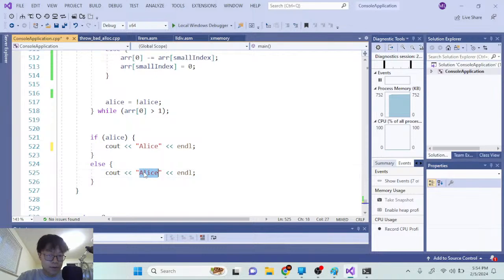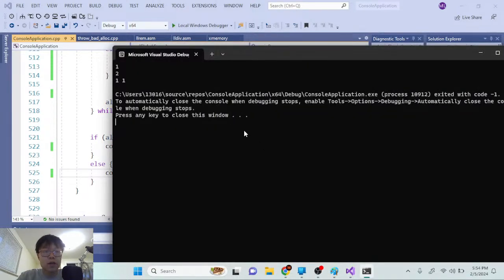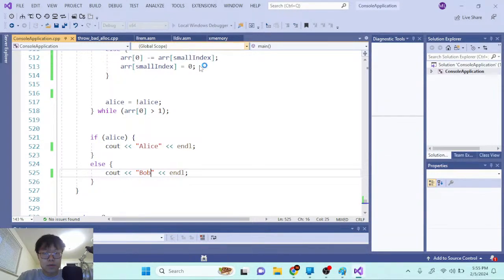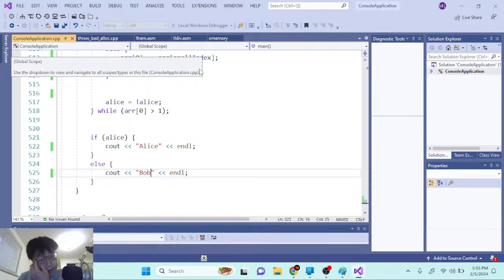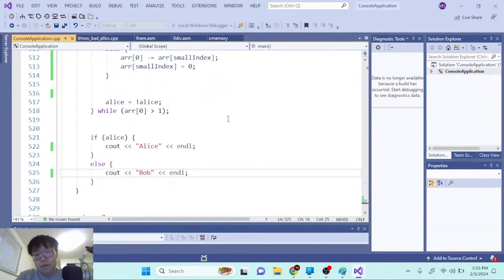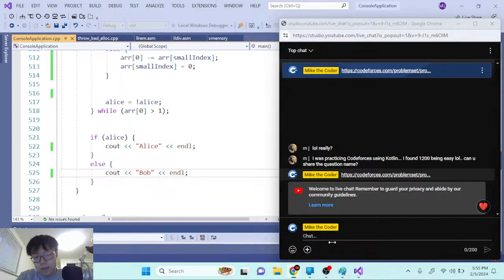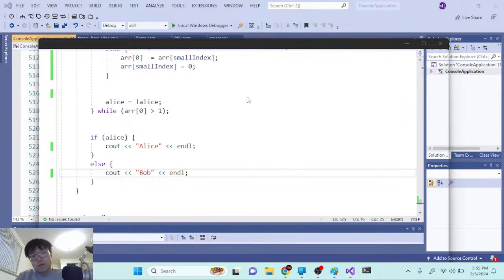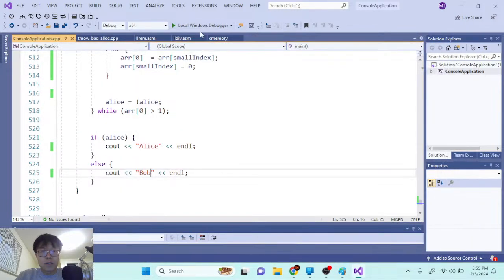Otherwise, Bob wins. I think that would work, right? Because then if we skip the turn, oh man. This is much more difficult. What the heck?